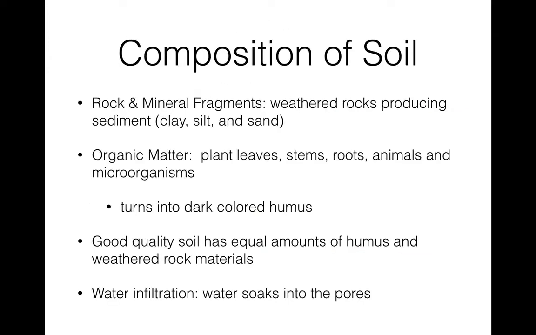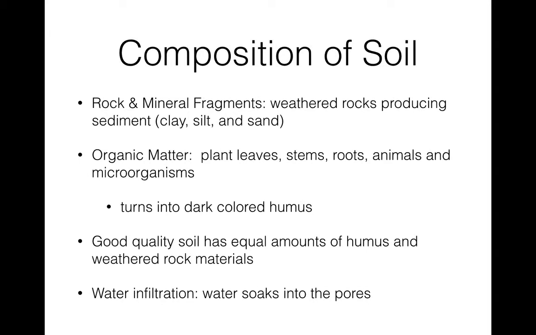So what is soil made up of? We already said that soil was rocks and minerals, organic matter, and air and water. So let's talk about it. First of all, rocks and mineral fragments are part of soil. The weathered rocks produce these sediments such as clay, silt, and sand, and they come together to make the soil. Next is organic matter.